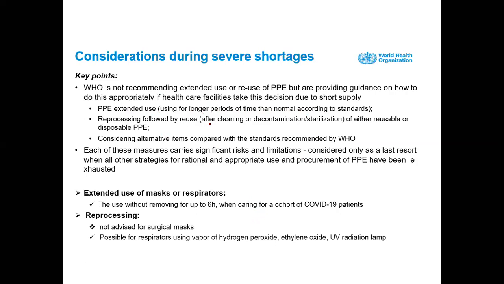Reprocessing followed by reuse after cleaning or decontamination sterilization for those reusable PPE or even disposable PPE. ده الكلام ده شفناه يمكن في الدول اللي حصل عندها crisis like Italy or Spain. لأن هم كانوا بيضطروا لإعادة استخدام ال one use PPE by decontamination or by sterilization.